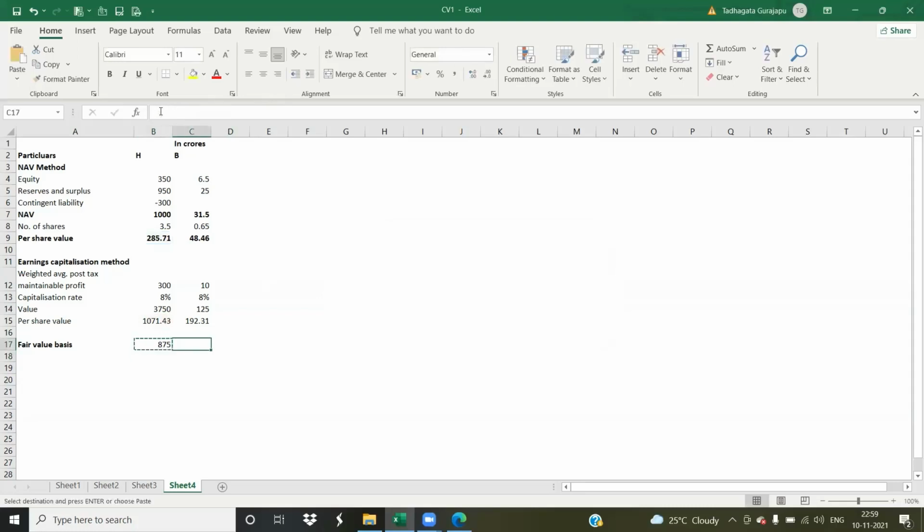Right? What is the exchange ratio? He said exchange ratio should be based on fair value method.